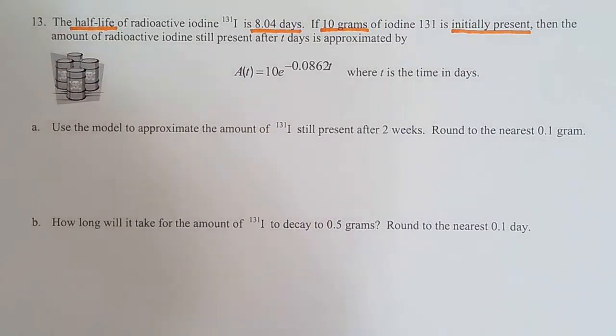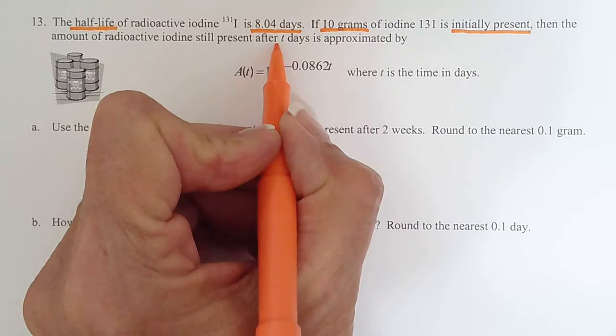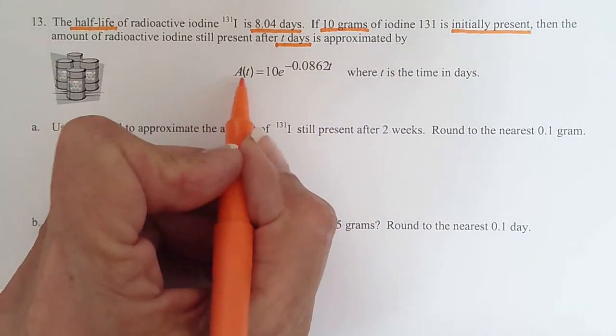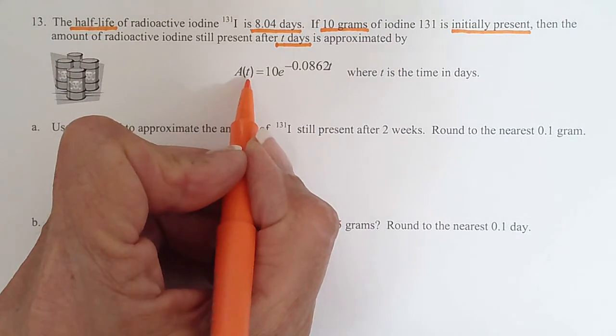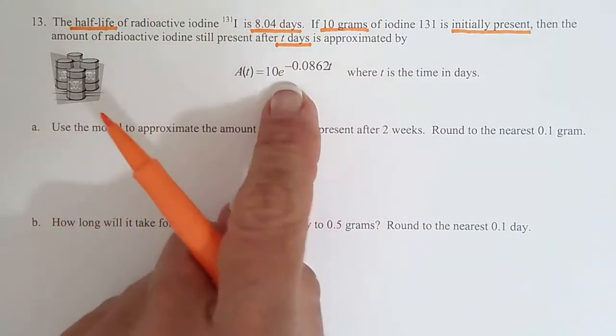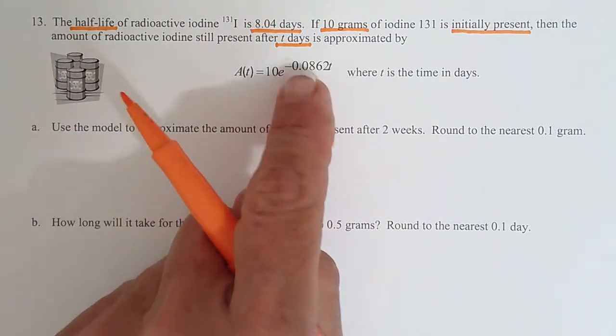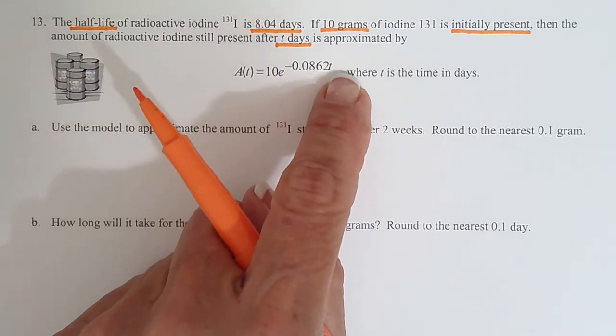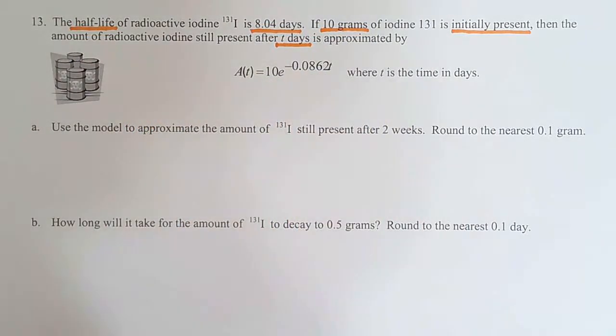Then the amount of radioactive iodine still present after T days is given by, so this is the amount after T days. So the formula is 10 e to the negative 0.0862 times T. And again, T is in days.